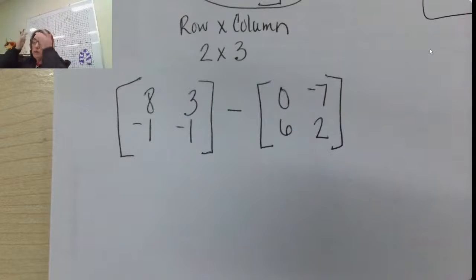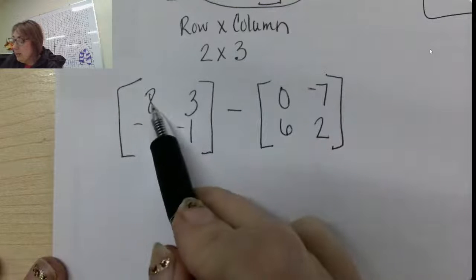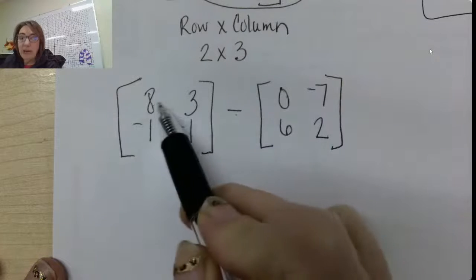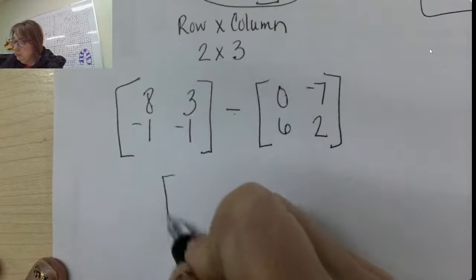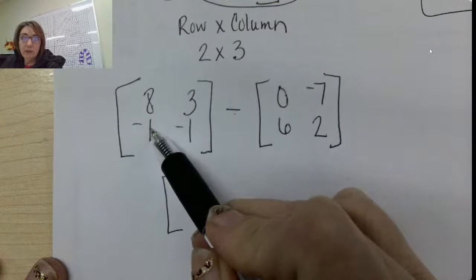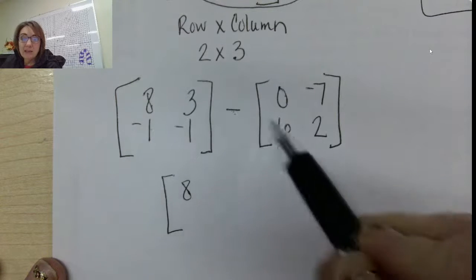So, what if you're subtracting? Exact same thing. The only difference is you subtract them instead of add them, right? So, we would do 8 minus 0. Now, what would 8 minus 0 be? 8. Negative 1 minus 6.